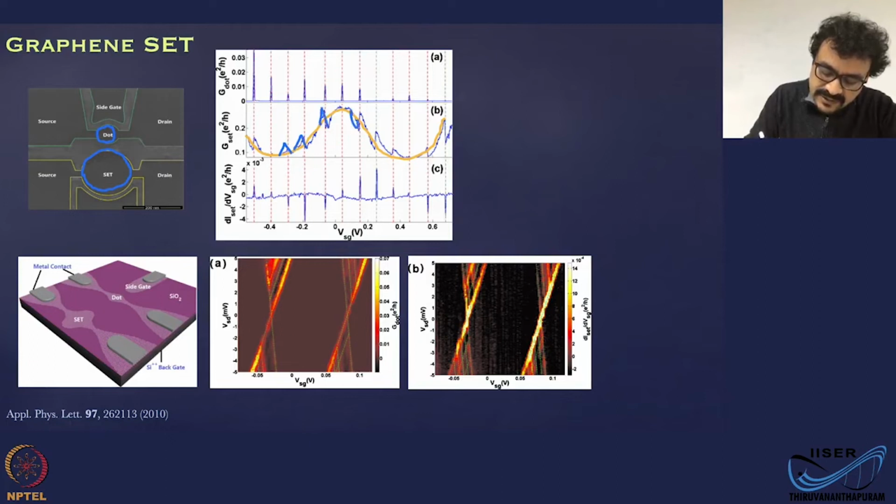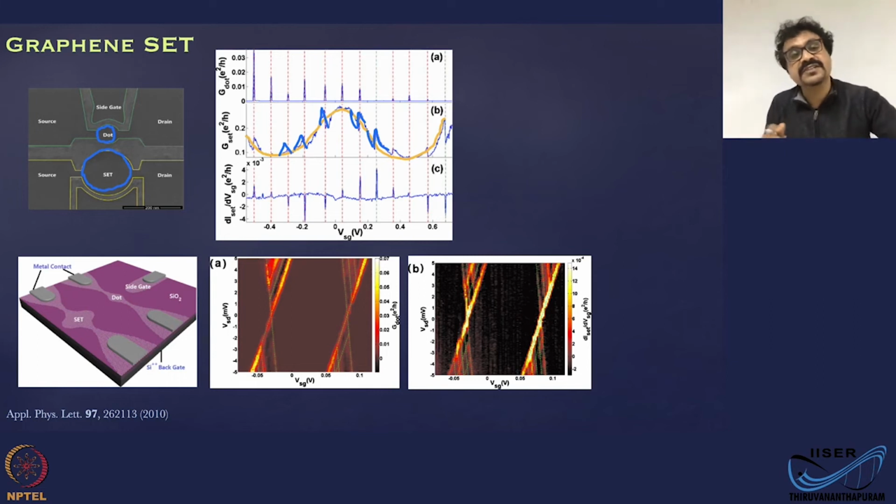The reason for the slow oscillation is that this gate, which is used to vary the potential of the dot, also affects the potential of this single electron transistor. Both of these are Coulomb blockade devices. So when you vary this gate, you not only observe Coulomb blockade oscillation for transport through the dot, but you also observe Coulomb blockade oscillation for transport through the SET.